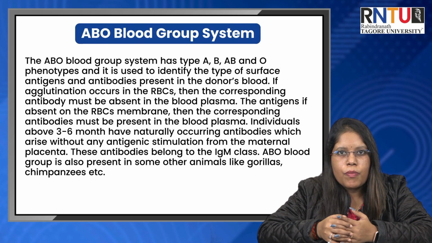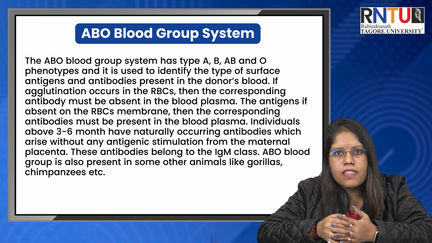The ABO blood group system has types A, B, AB and O. The phenotype is used to identify the type of surface antigen and antibodies present in the donor blood. If agglutinogens occur on the RBCs, then the corresponding antibody must be absent in the blood plasma. If the antigen is absent on the RBC membrane, then the corresponding antibodies must be present in the blood plasma.